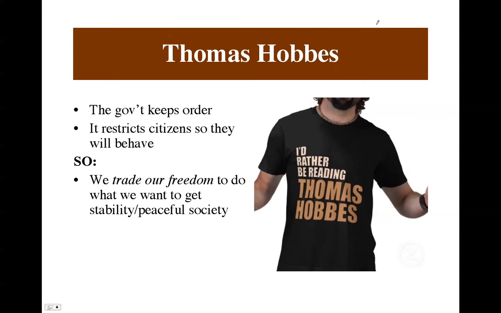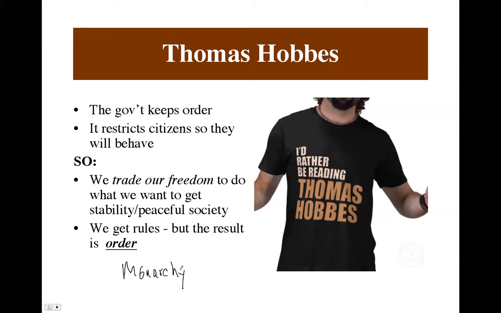So we trade our freedom to do what we want to get stability and a peaceful society. And we get rules, but the result is order. He believed that the best form of government was a monarchy. He wanted a strong central leader, one leader who set all the rules, again to protect people because they are negative human beings.